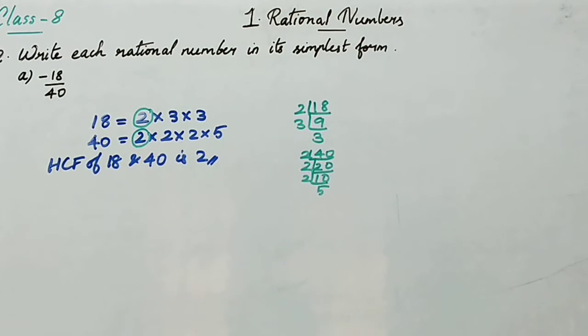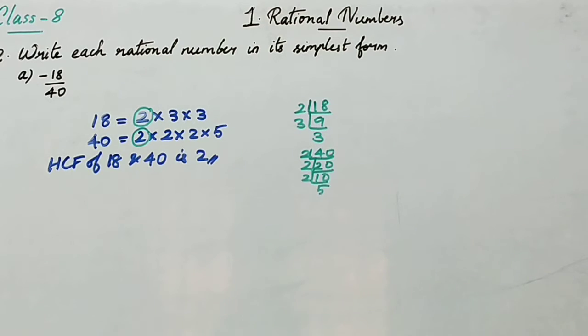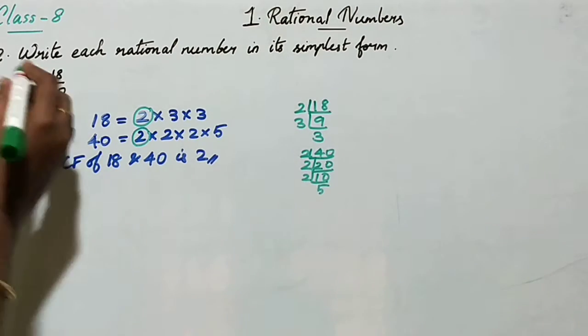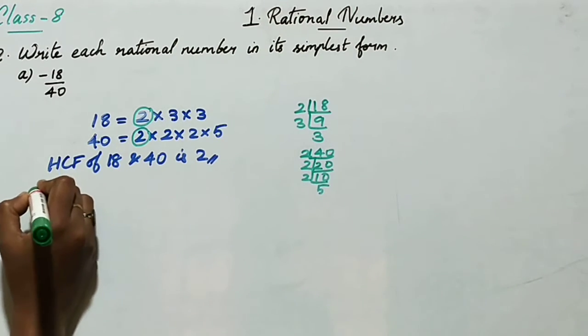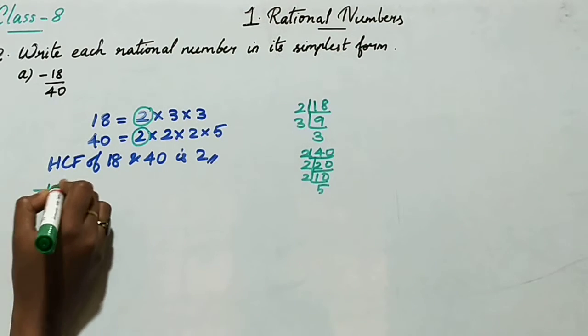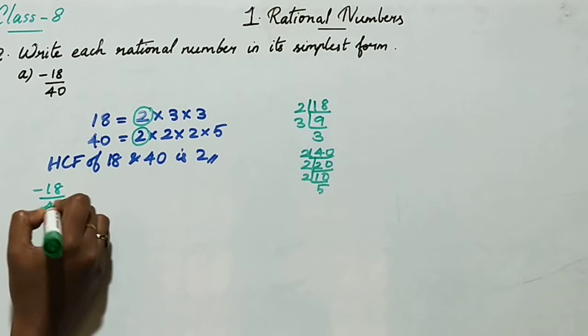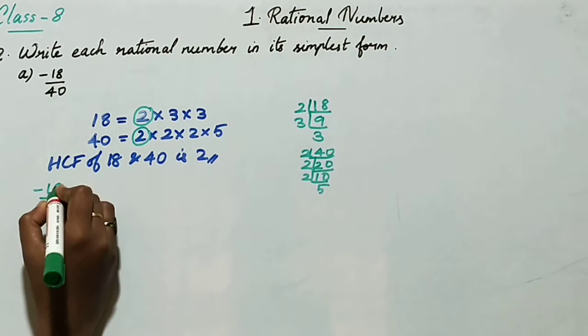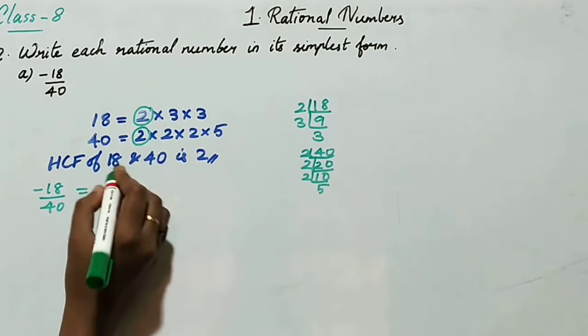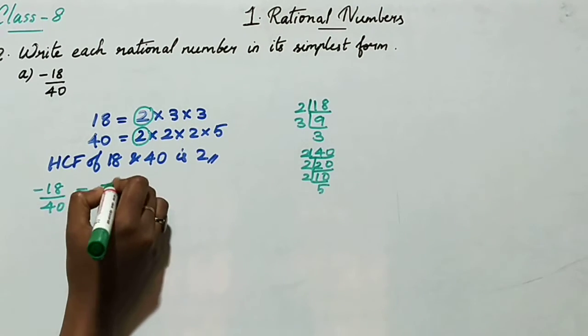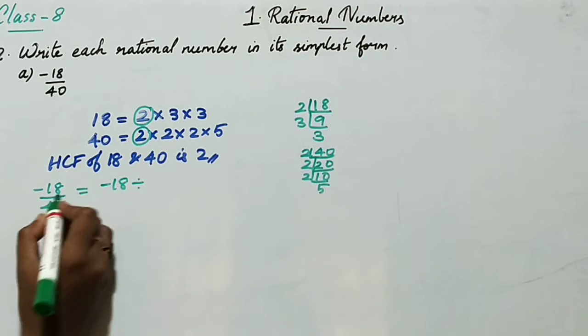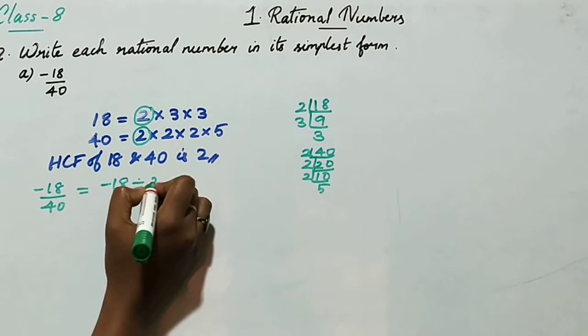Now what is the next step? I need to divide it. Right. So I am going to divide. So I can write it as minus 18 by 40 is equal to minus 18 divided by, what is the HCF here? 2. Okay.